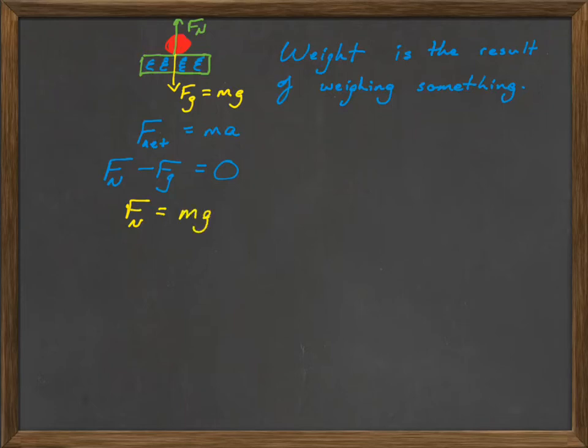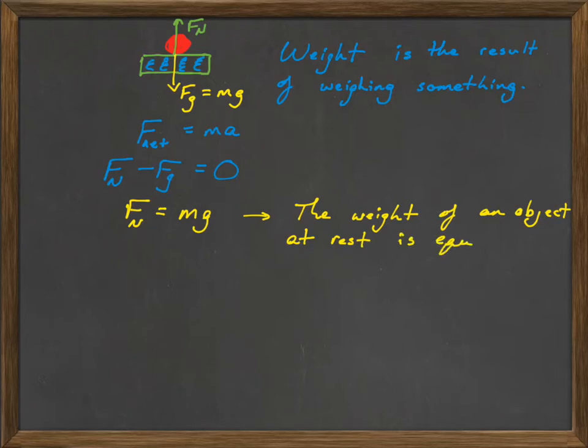Then we get that the normal force is equal to the force due to gravity of mg. What this effectively means is that the weight of an object at rest is equal to the force due to gravity.